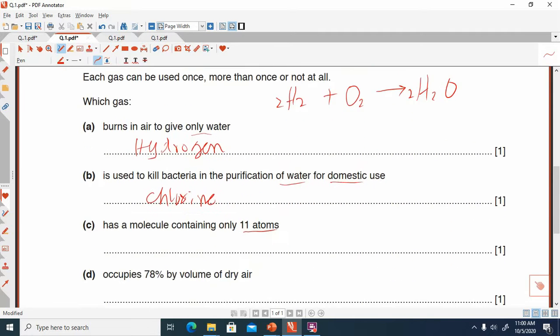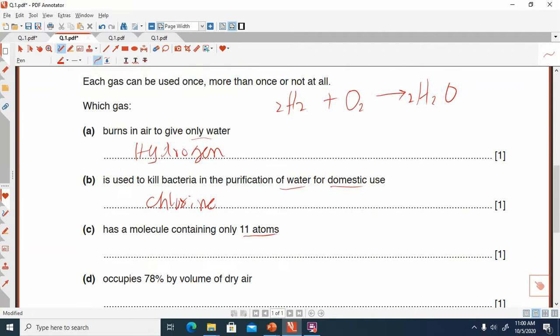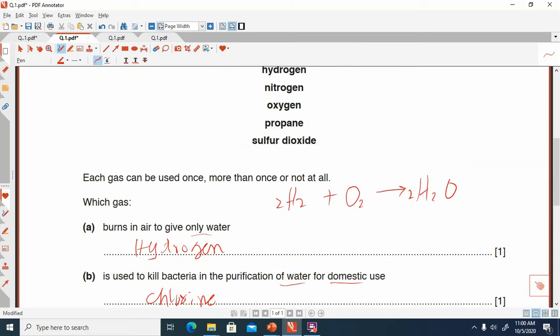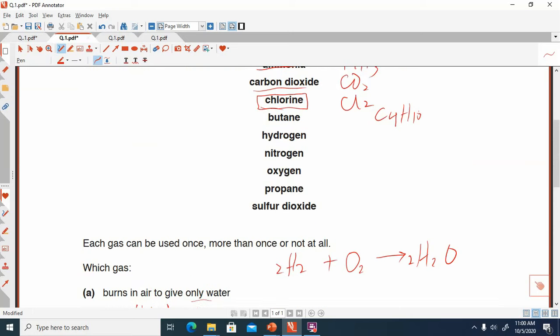So the question is that a molecule has containing 11 atoms. So now look at the structure of the butane we are writing here. This is the butane, it will have 4 plus 10, 14.